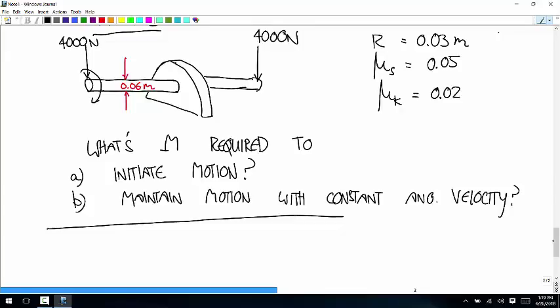Because of that bearing friction, your engine has to apply a moment to that axle to keep it rotating. What's that moment M that the engine or whatever is powering this thing needs to apply to that axle to keep it from slowing down or to make it start moving?